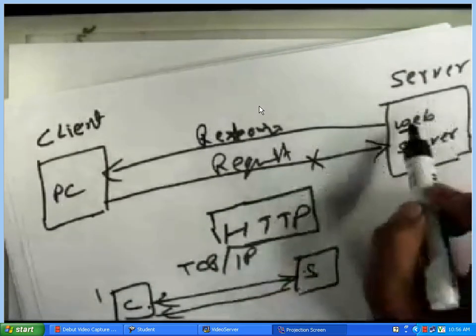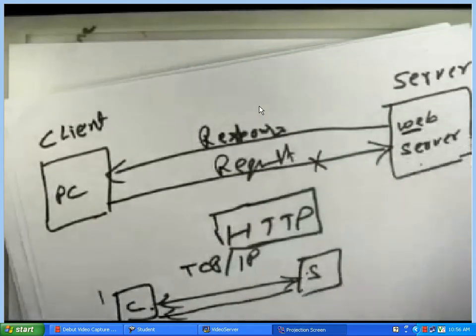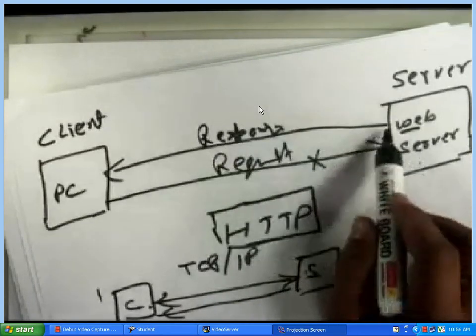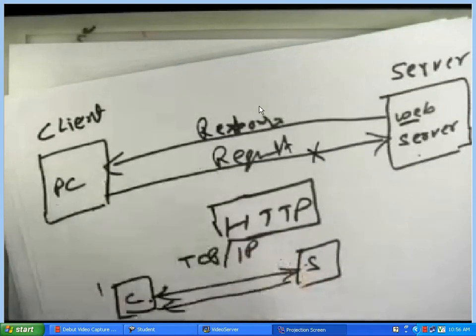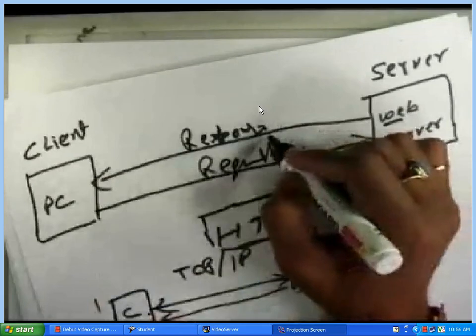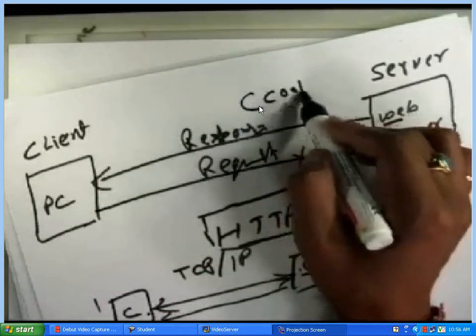Then after that, when the server finds that page, he will try to give a response back to this client. But when he sends a response to this client, with the response he also sends a file, which is a cookie file.